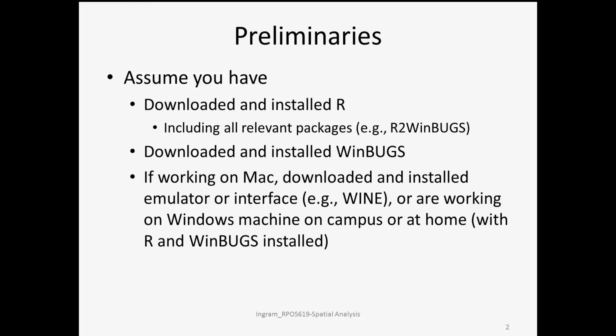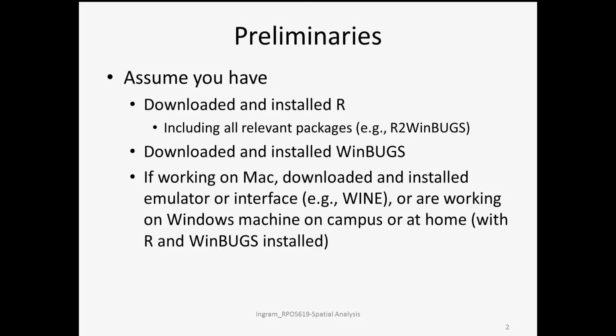And if you're working on a Mac, since WinBUGS is designed for a Windows machine, I assume you have downloaded and installed either a Windows emulator or interface that translates individual programs or commands from Windows to a Mac or Linux environment.